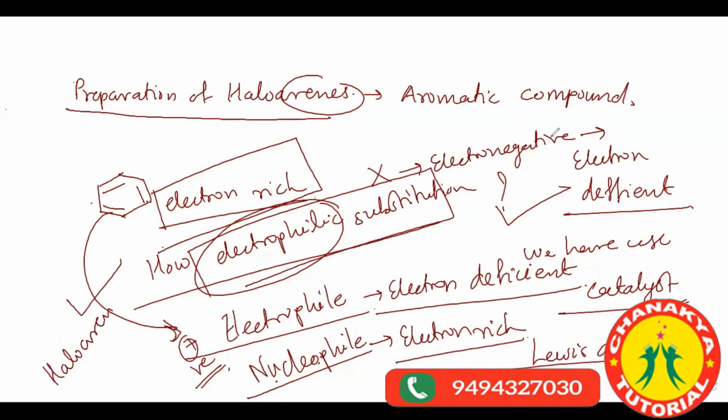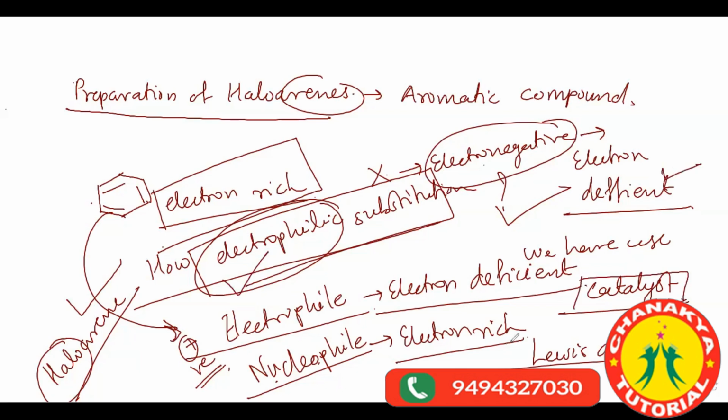And as we are going for electrophilic substitution, we have to make it electron deficient. For that reason, we are going to use a catalyst, and that catalyst is called a Lewis acid. Correct? Clear? Fine. I'm going to clear the screen now. I hope whatever important facts you have written in your notebook.